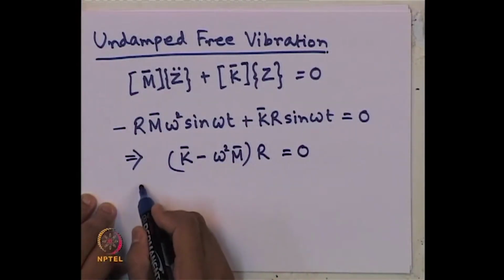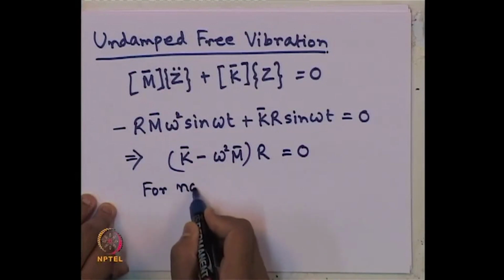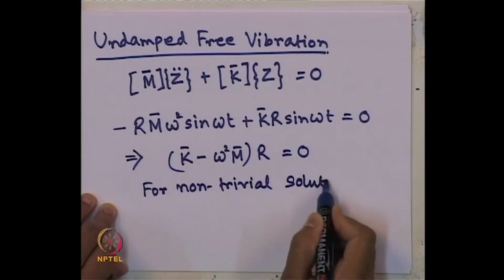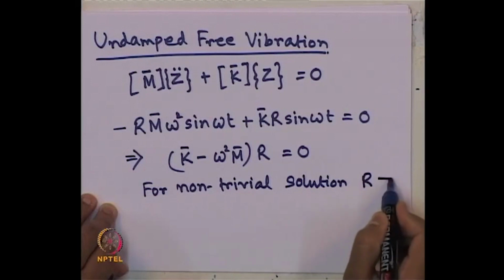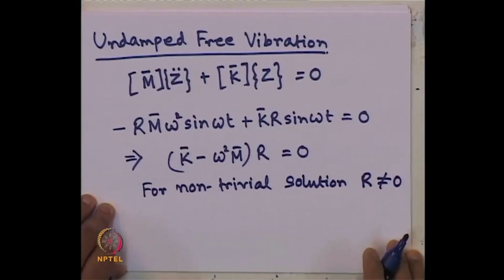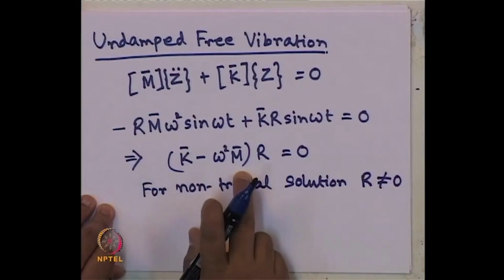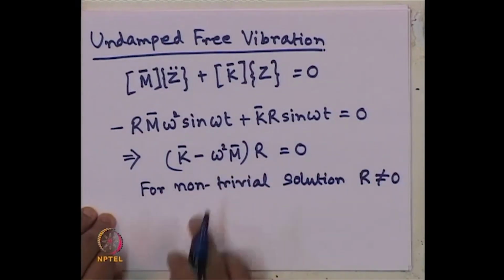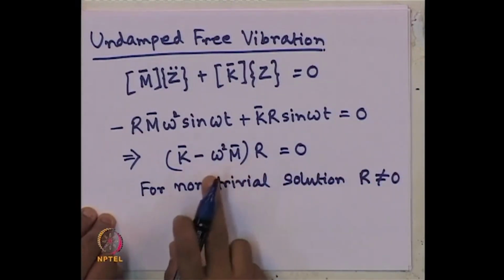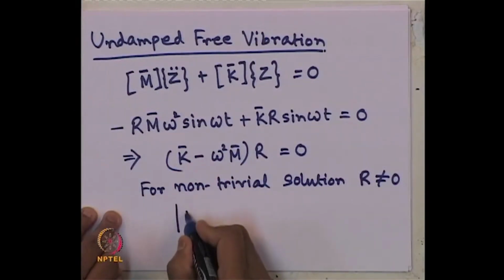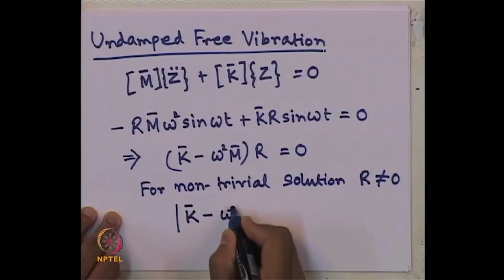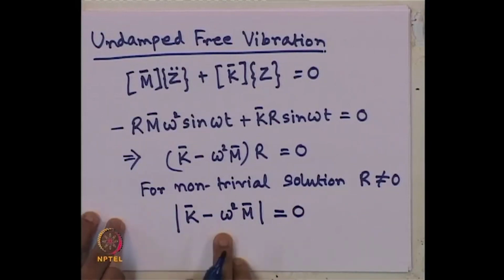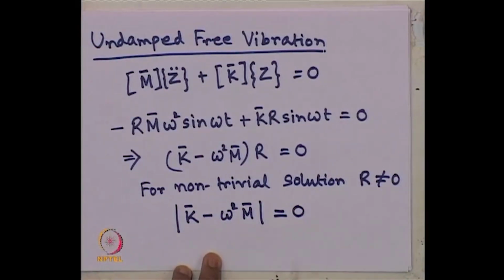Now, for a non-trivial solution, what we know, r cannot be equal to 0, right. What does it mean? This part should be equal to 0. These all are matrices now. So, it means k bar minus omega square m bar equals 0, that is, the determinant of this should be equal to 0.